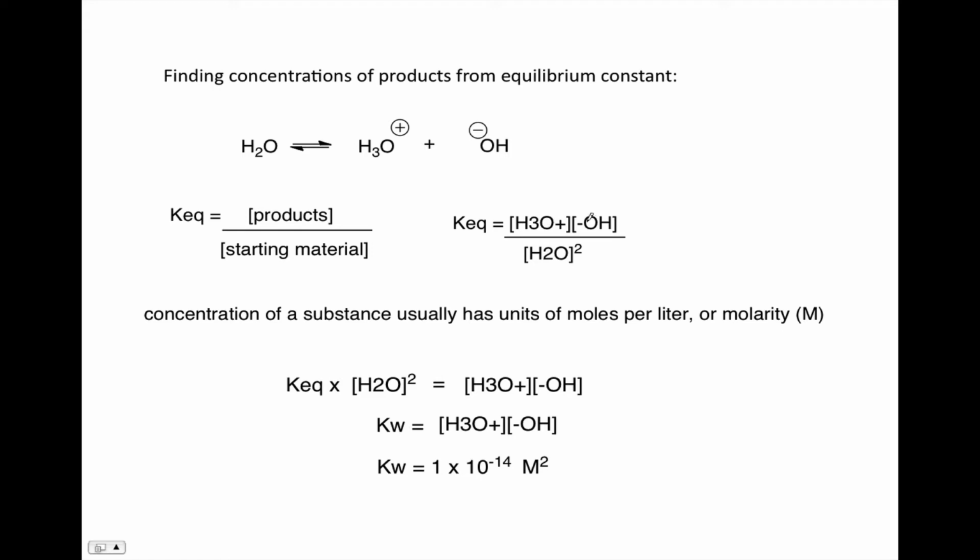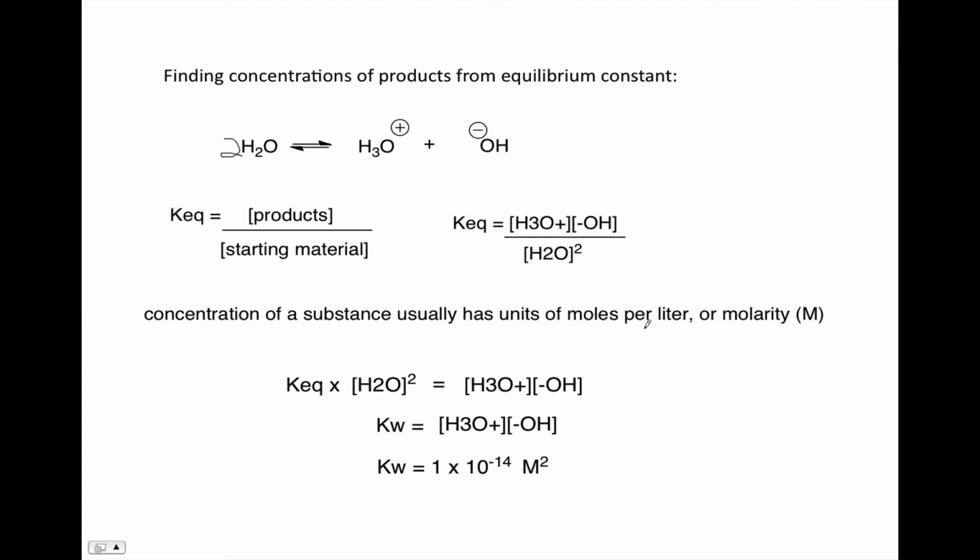So we have the concentration of the H3O+ and the concentration of the OH- multiplied together, and then all of that divided by the concentration of the water squared. The reason it's squared is because we have to add a 2 here to get it balanced. Notice there's no superscript here, or the superscript is 1 in both of these cases, so we don't need to write it.